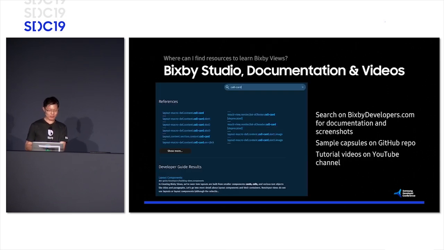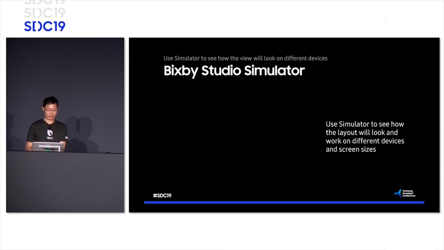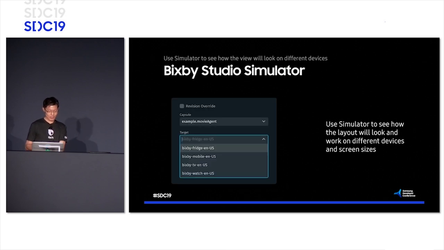Bixby Developer Center has a powerful search where you can look up screenshots and code snippets of all different Bixby components, Bixby Views components. With Bixby Studio Simulator, after you create your base layout, you can try it out on different devices.